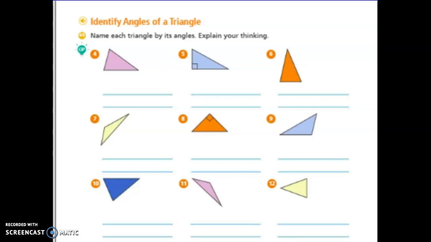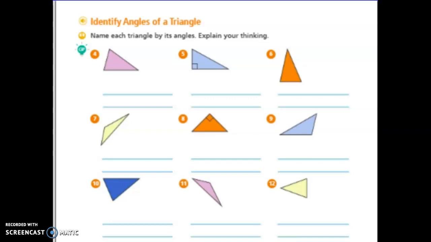Hopefully you said obtuse. Let's go on to number 8. Again, we have the symbol for a right angle. And we have 2 acute angles on the other vertices. So those are smaller than a right. The right angle is the biggest angle in that triangle, so it is a right triangle.